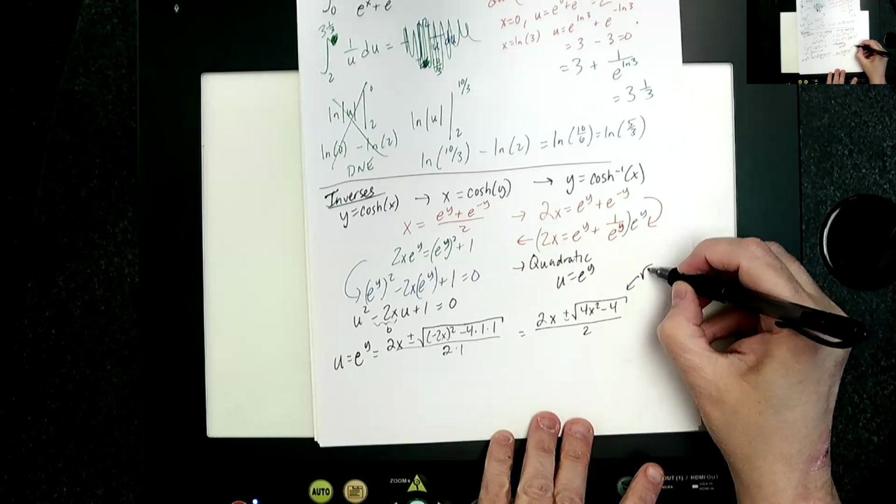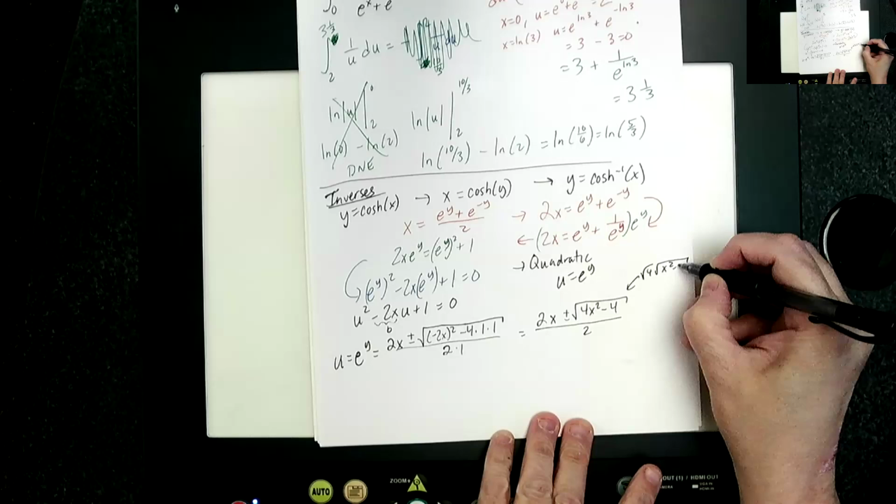And that is the square root of 4 times the square root of x squared minus 1.